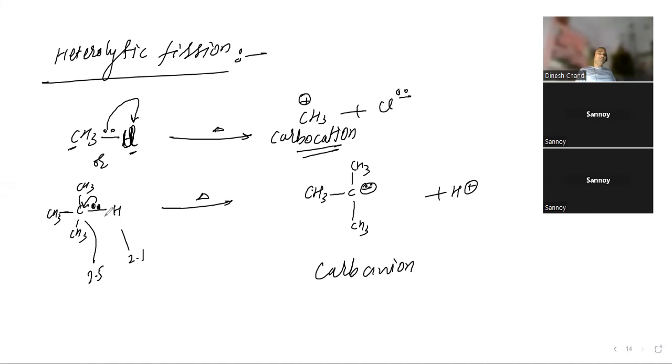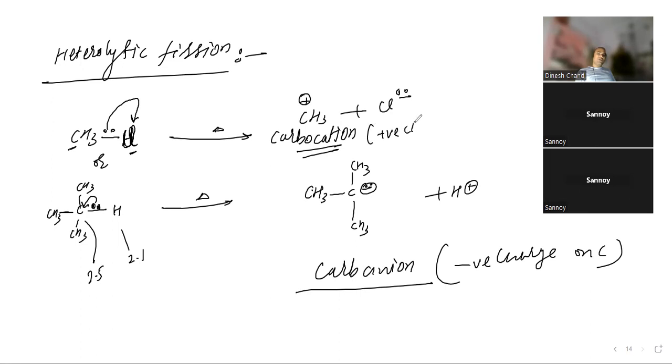If you are breaking the carbon-hydrogen bond, the electrons will go on carbon compared to hydrogen, so negative charge on carbon, and here positive charge on carbon. Positive charge on carbon is called a carbocation, and negative charge on carbon is called a carbanion.